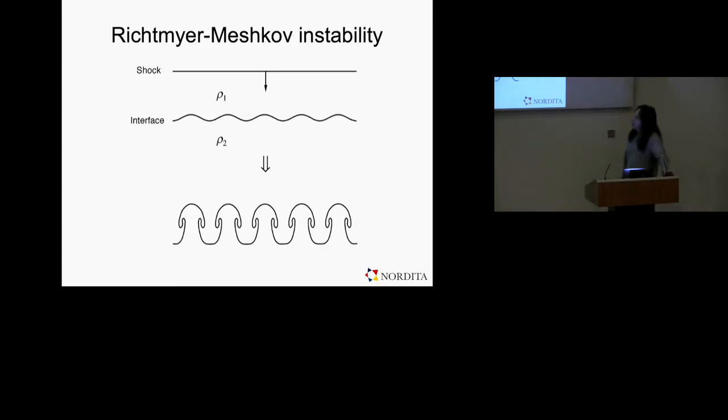Then there's another way of getting mushrooms, and that's the Richtmyer-Meshkov instability. If you have an interface between two fluids of different densities, which you can picture as something like what you have in a supernova or with a blast wave, then when a shock passes through this interface, you will get mushrooms.